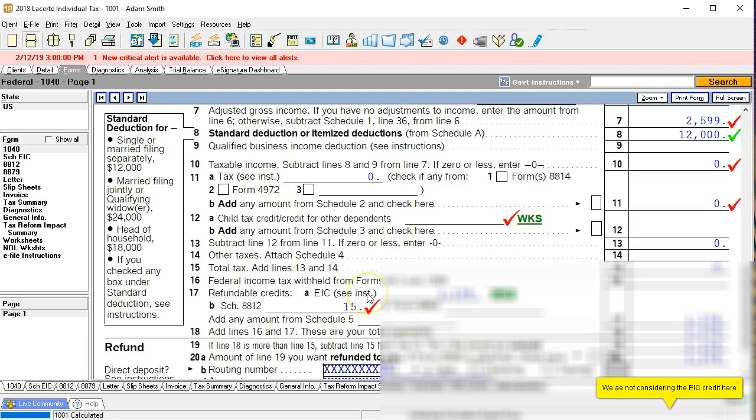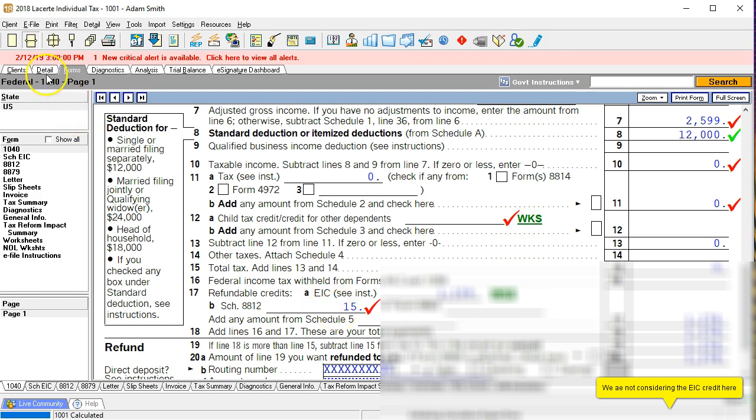So the low cap, you're not going to get anything below 2,500 if you have no earned income. In other words, below 2,500, you don't get any of this credit. But then it actually increases as the taxable earnings go up from that point.